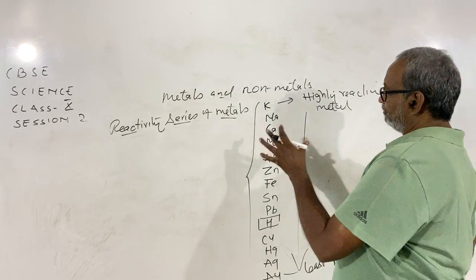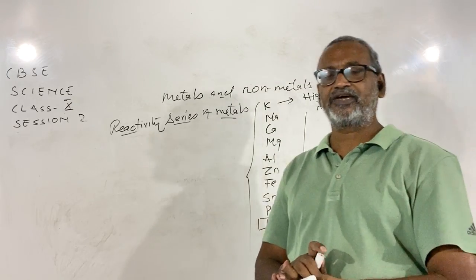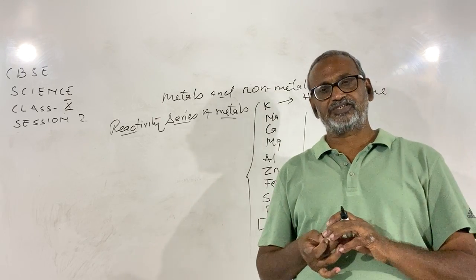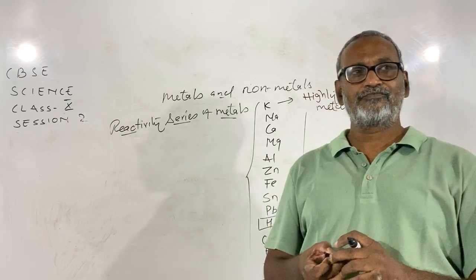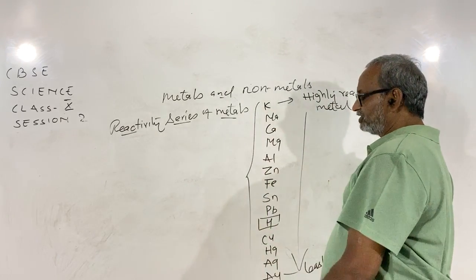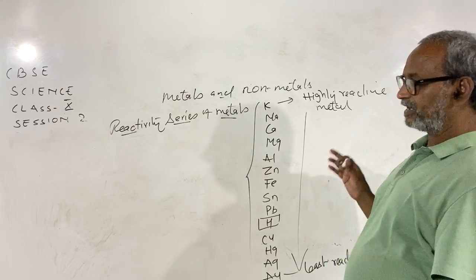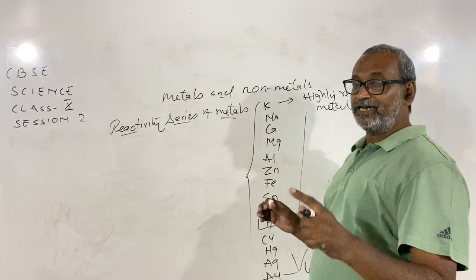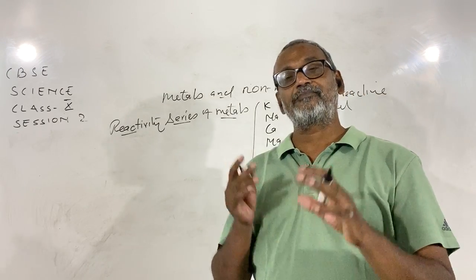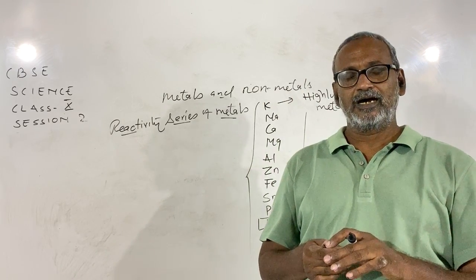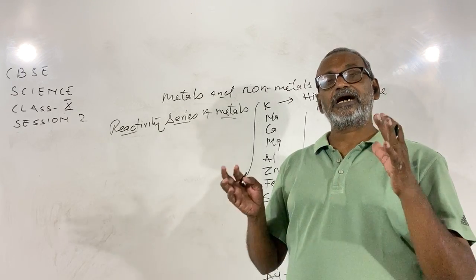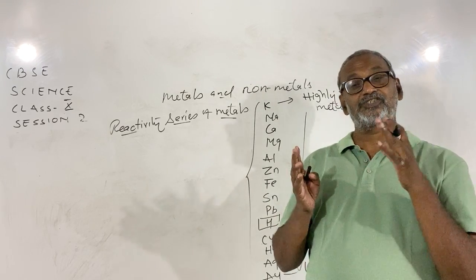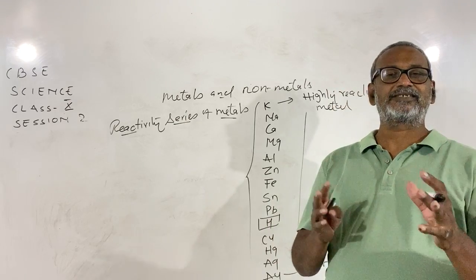Now the reactivity series has great significance in chemistry. It conveys a number of pieces of information regarding metals. For example, it gives you an idea of the chemistry of the metal. It tells you which metal is likely to displace which metal from its salt solution. A metal which is above in the reactivity series tends to displace a metal which is below from its compound.